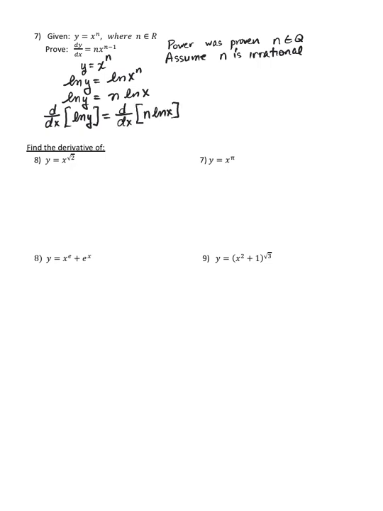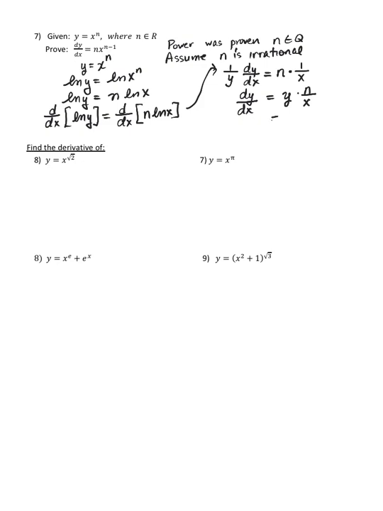So when we differentiate both sides, we get 1 over y dy dx. The irrational coefficient is brought down, and the derivative of the natural log of x is just 1 over x. So now we isolate the derivative by bringing the y over.